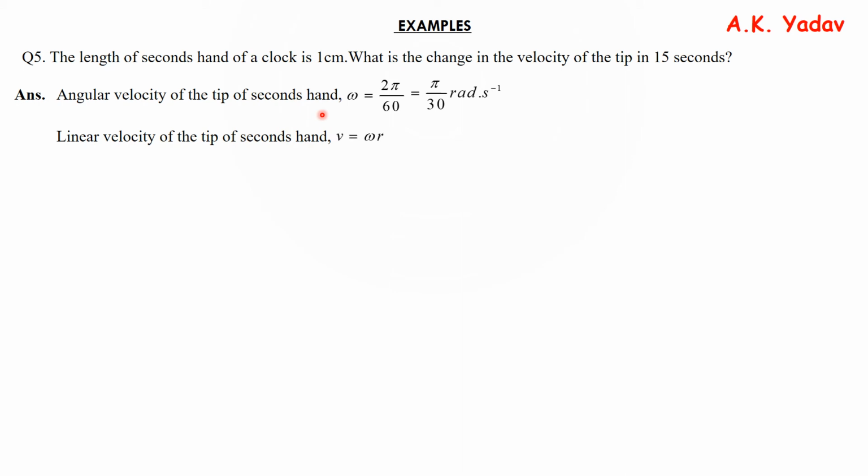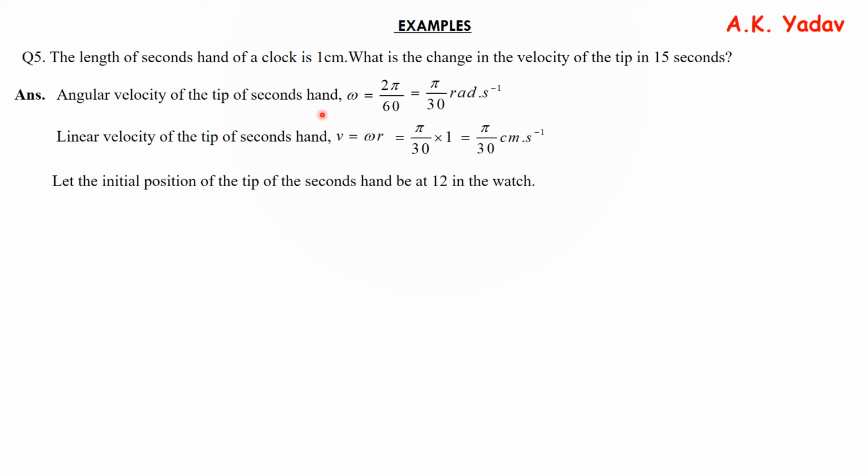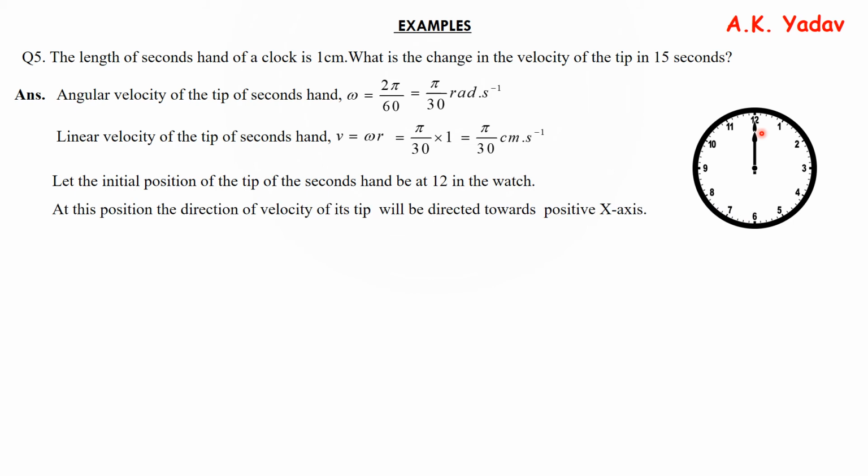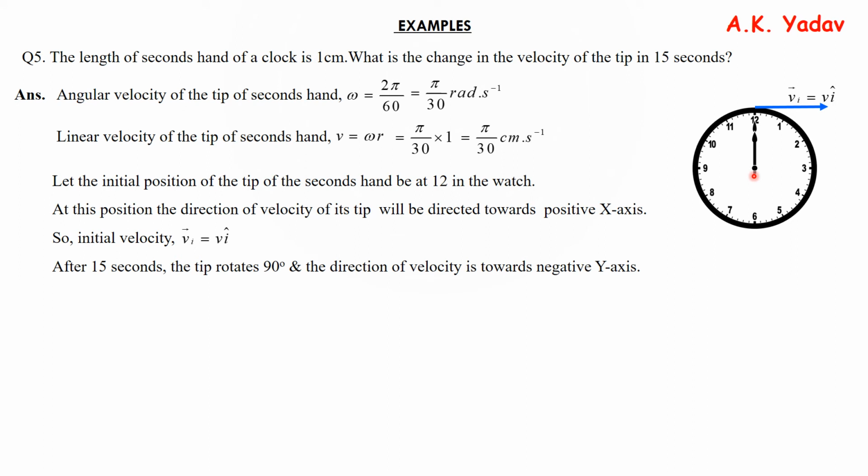Now linear velocity of the tip of seconds hand, v equal to omega r, that is pi by 30 centimeter per second. Let the initial position of the tip of the seconds hand be at 12 in the watch, as you can see. So at this position, the direction of velocity of its tip will be directed towards the positive x-axis. Okay. Now, so initial velocity is equal to vi.